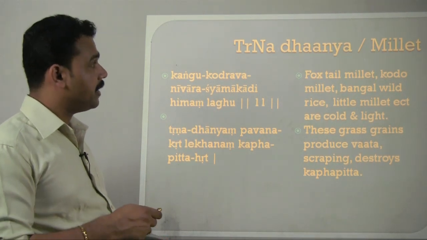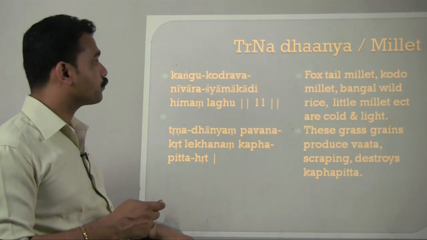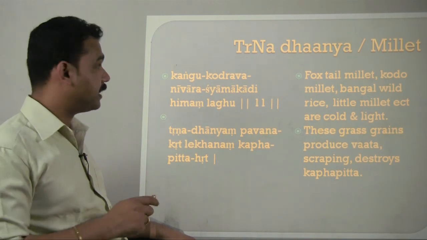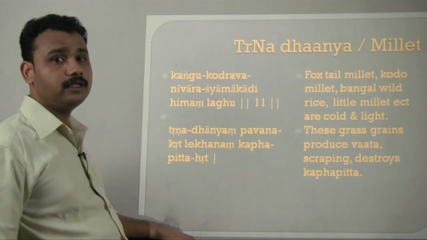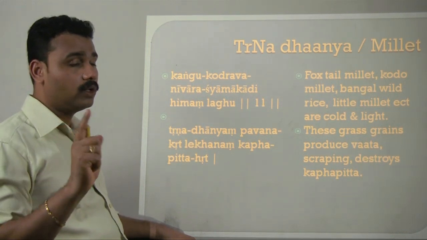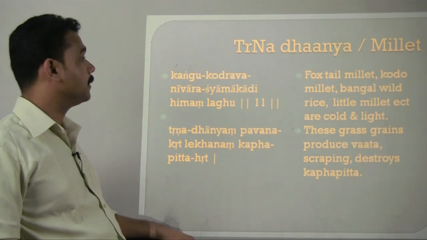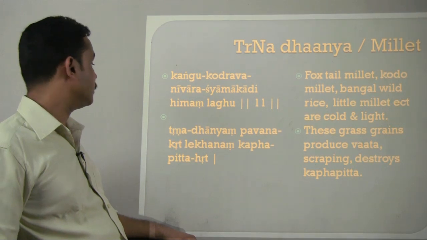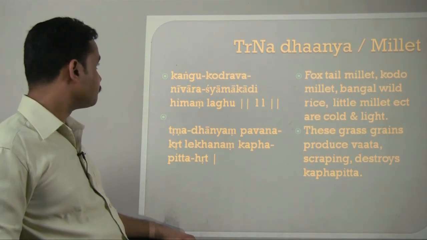So you can see images and also a lot of information about these substances. Also, even if you search for Kangu, the Sanskrit word, google.co.in should give you images and information. There are a lot of sites which give you information about Sanskrit names and topics also.